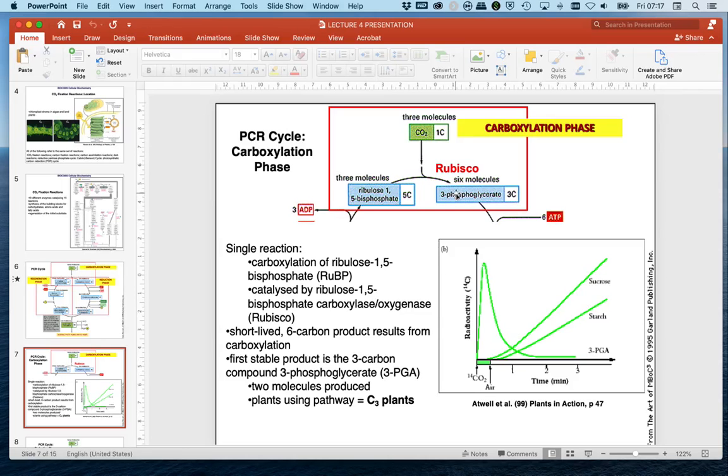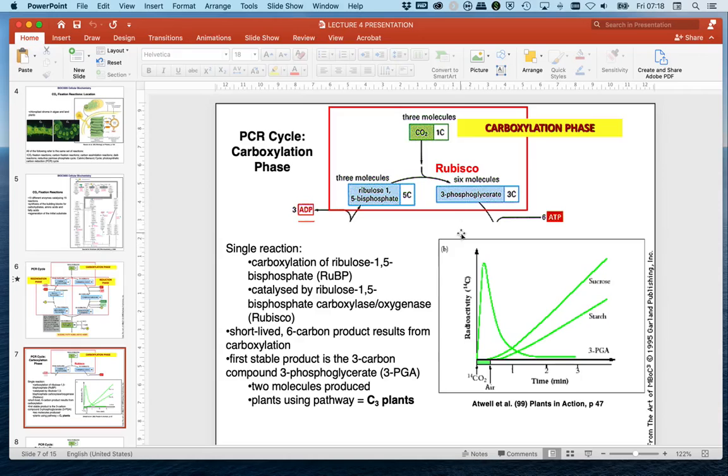So the first stable product of the PCR cycle is a 3-carbon compound, which is why the plants using this carbon assimilation pathway are known as C3 plants.